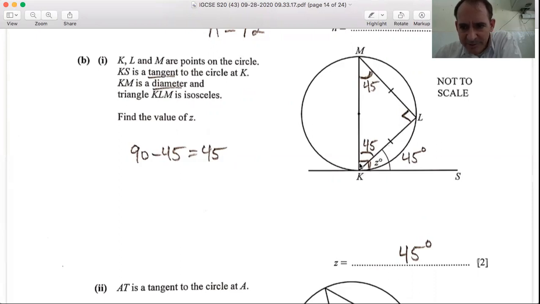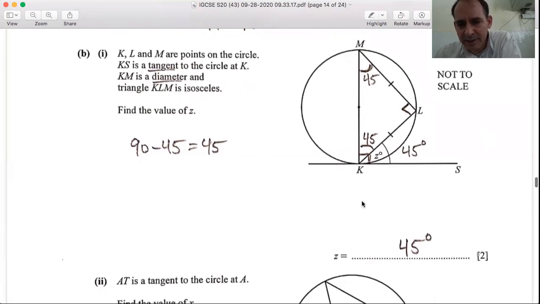An inscribed angle that opens up to the diameter is a 90-degree angle. Okay, so if we take 180 minus 90, that means 90 left, and these two sides are the same, which means these two angles are the same. So we take the 90 divided by 2, that gives us 45 each.